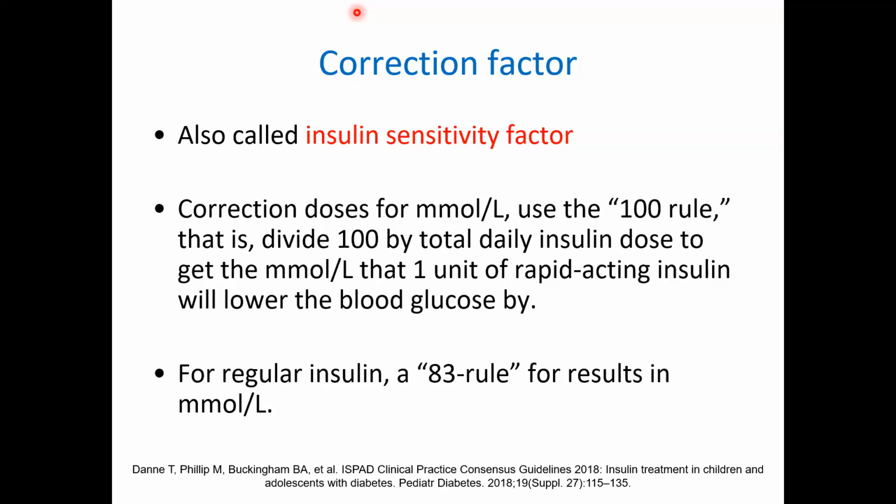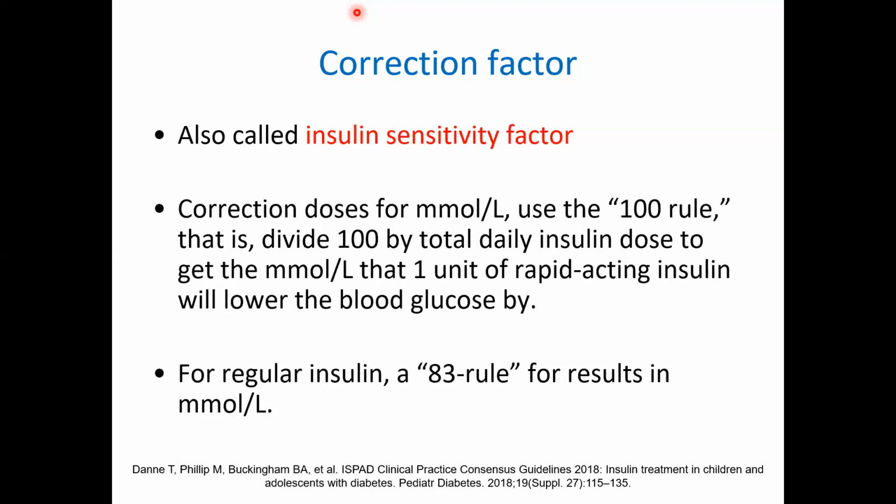Now, why is this important? It's important because when a patient has high blood sugars, it means you need to give them extra insulin to correct for the high blood sugars, because of whatever dose that they're normally giving. So for example, if a patient is usually on 5 units, if they're using a fixed dose regimen and they're on 5 units of regular insulin at lunchtime, that is supposed to take care of the food that they're going to take.